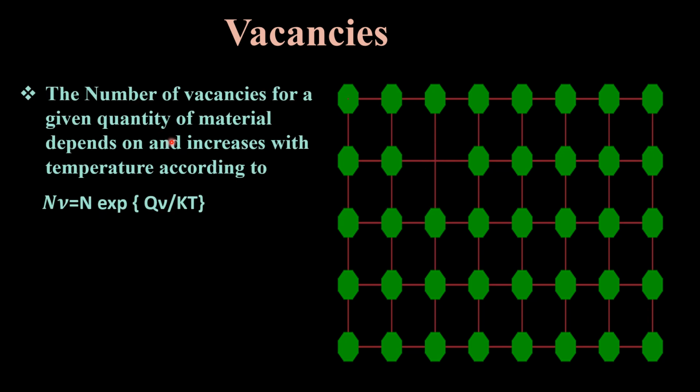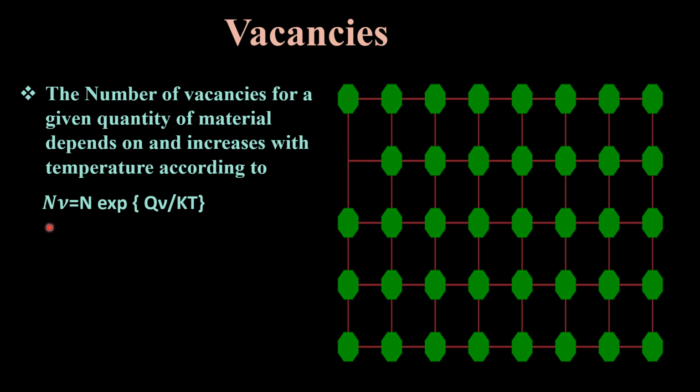The number of vacancies for a given quantity of material increases with temperature according to Nv equals N exponential of minus Qv divided by kT. Here Nv is the equilibrium number of vacancies present within the crystalline material, N is the total number of atomic sites, Qv is the heat required to create the vacancies, and k is the Boltzmann constant.